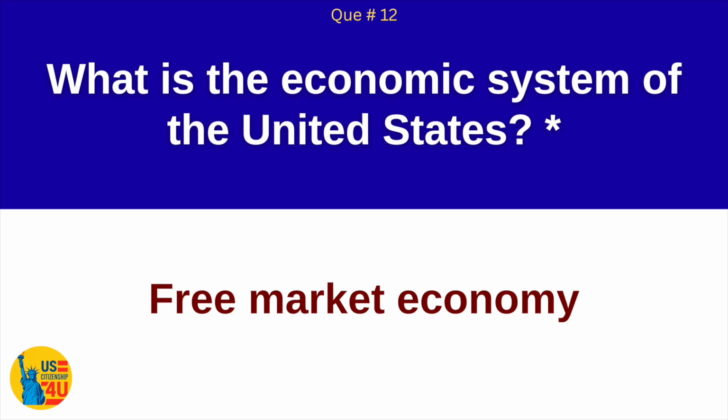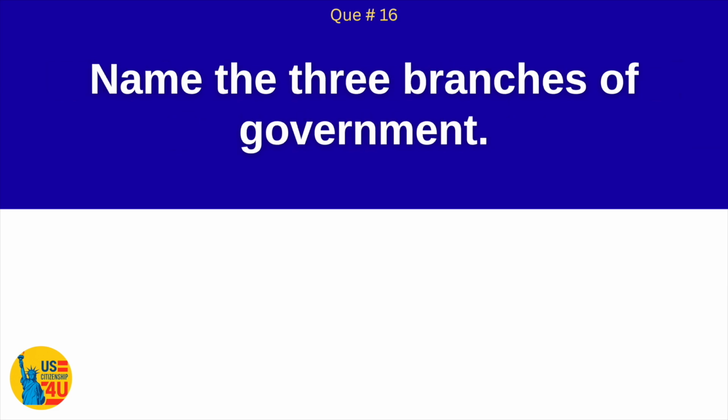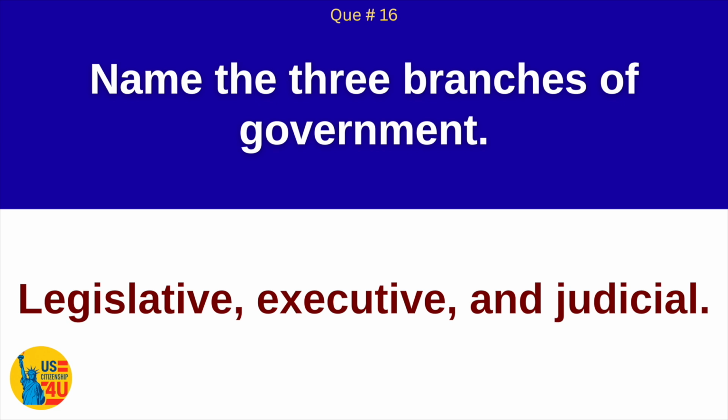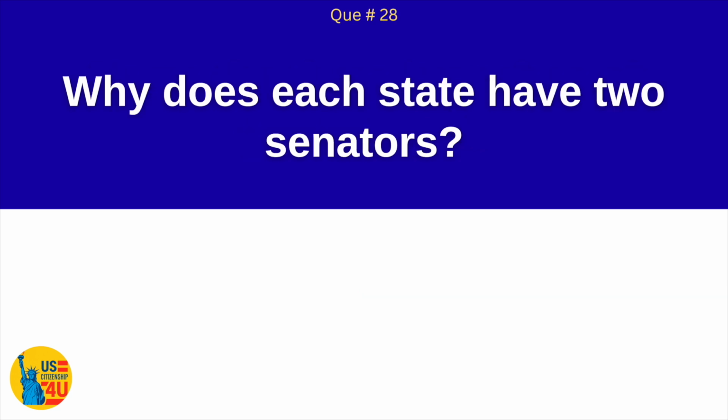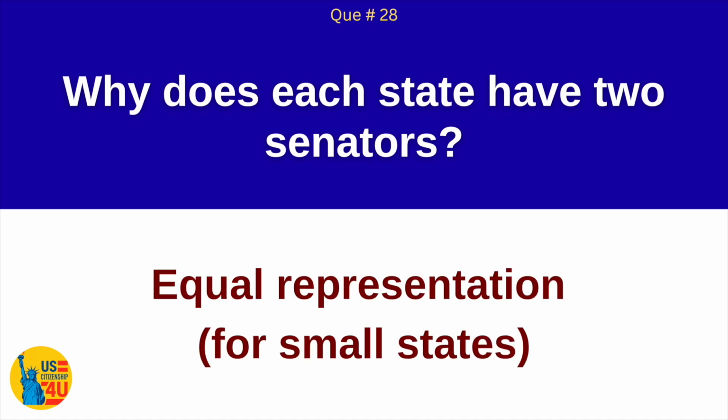Free market economy. Name the 3 branches of government. Legislative, executive, and judicial. Why does each state have 2 senators? Equal representation for small states.